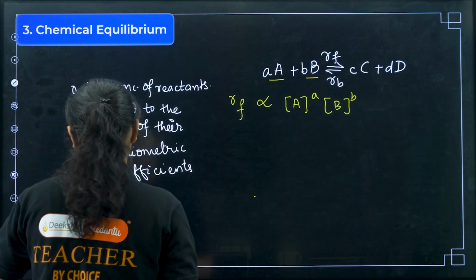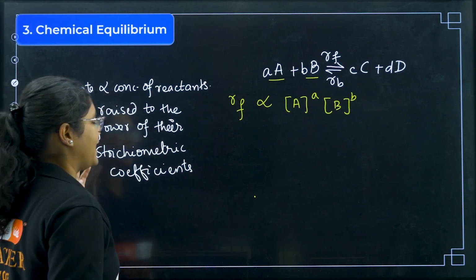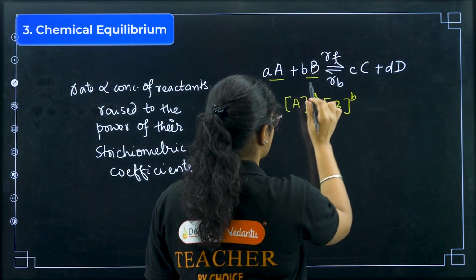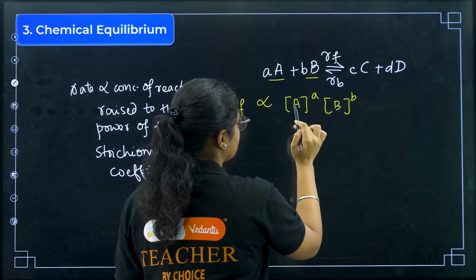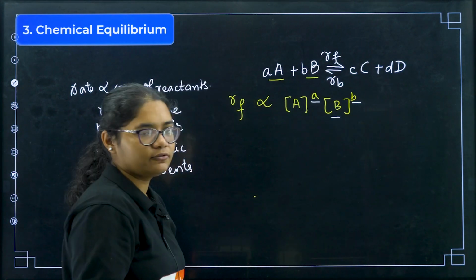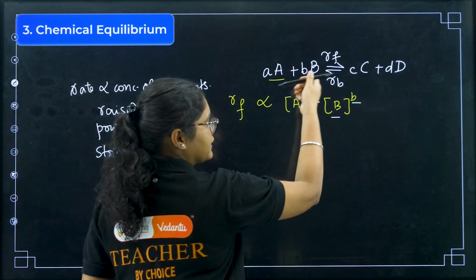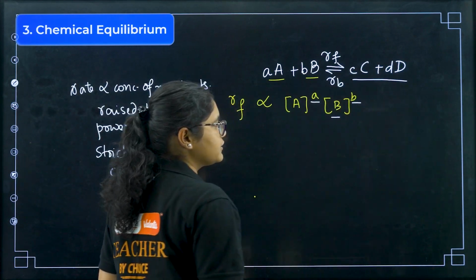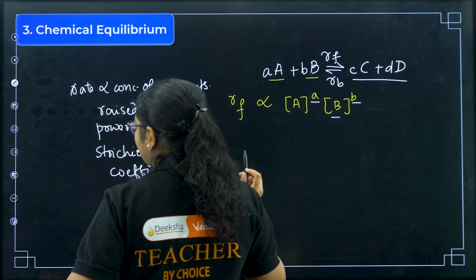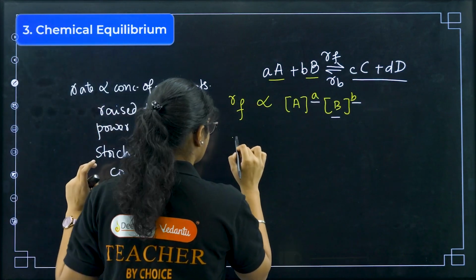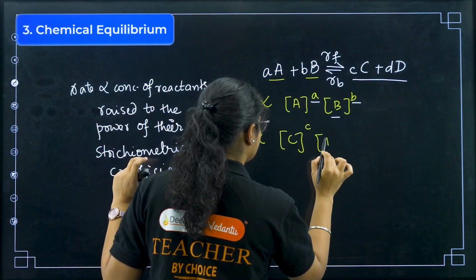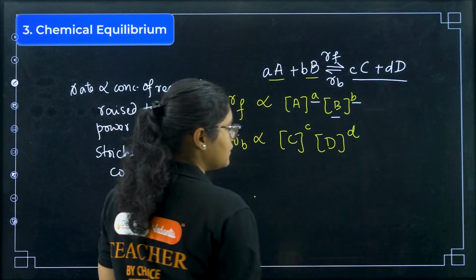This is called the law of active masses. You just need to know this. So I can write the rate of forward reaction is proportional to [A] to the power a, [B] to the power b. Now for the backward reaction, these are the reactants, so I can write that the rate of backward reaction is proportional to [C] to the power c and [D] to the power d.